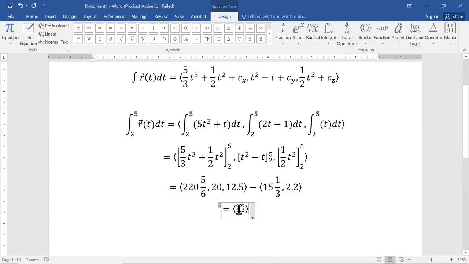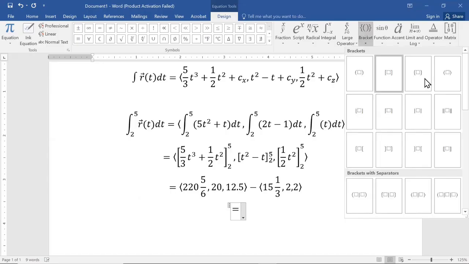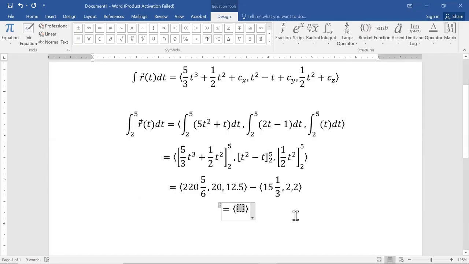When you subtract, if I take 220 and 5/6 and I subtract 15 1/3, I get 205.5. I'll just write 205.5. 20 minus 2 is 18. 12.5 minus 2 is 10.5.